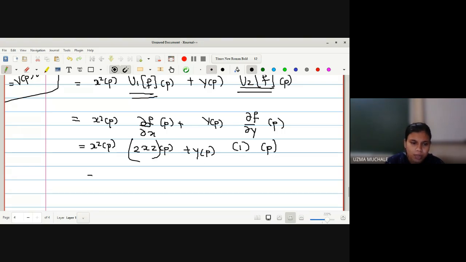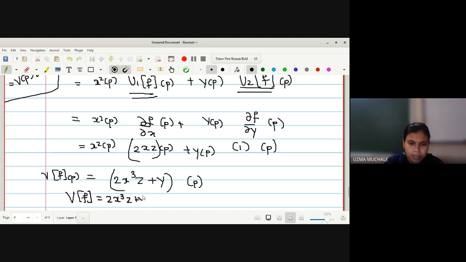Then you have to take P common outside, then you can get the result as 2x cube z plus y evaluated at a point P. Directional derivative function f by a point-wise application, and hence as P is arbitrary we can write the result as 2x cube z plus y. Okay.